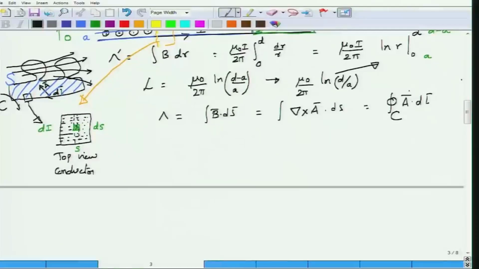Now this integration, which I have shown, is applicable to only one filament. Imagine that the filament actually has a cross section that is not zero, and there are a lot of filaments inside. For each filament there will be a line integral A dot dl going over the entire closed circuit C, and then you sum those over the cross section S. So there are two integrations.